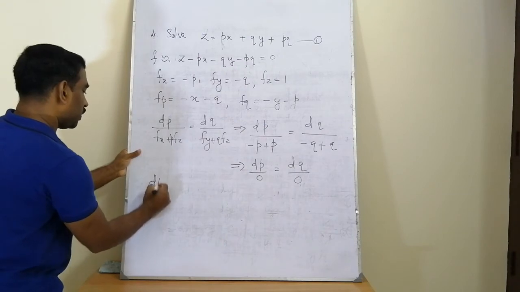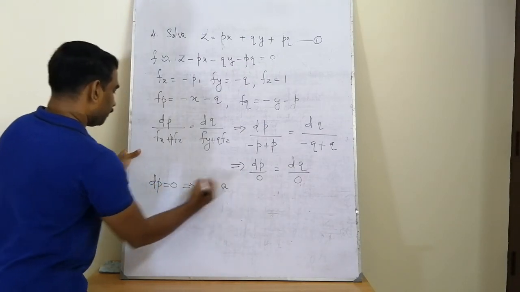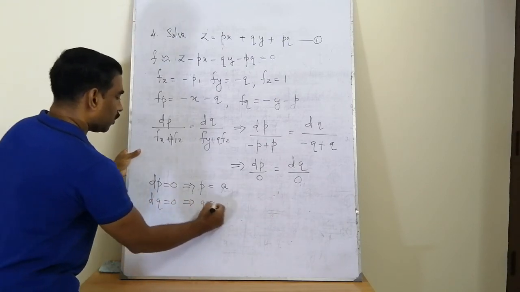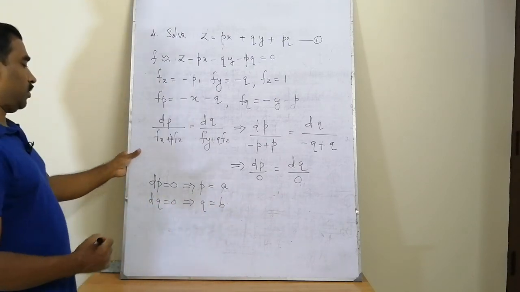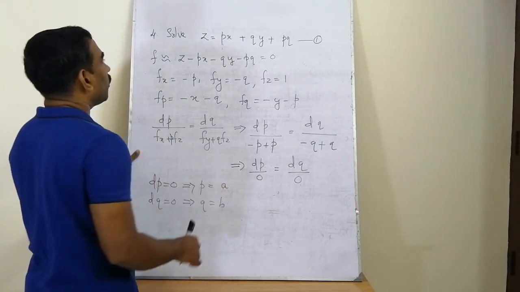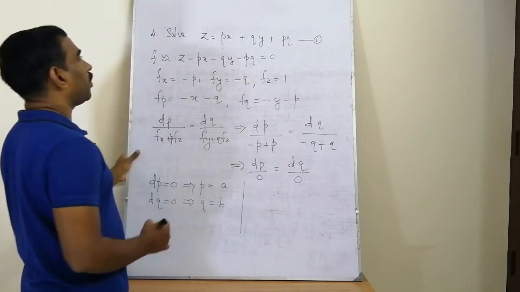So from which dp equal to 0 means p is a constant, we call this a; dq is equal to 0 implies q is a constant, we call this as b. Now to find the relation between these two arbitrary constants, we can substitute these values in equation number 1.